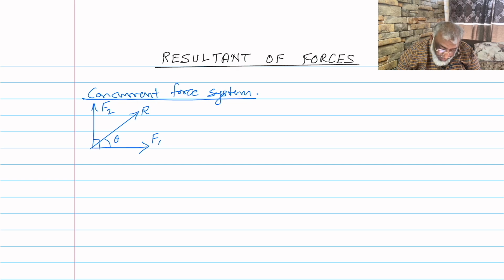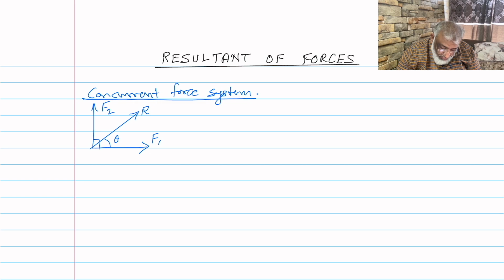These two are perpendicular to each other, and this is called the resolution of a force. And we must also know how to combine two perpendicular forces into its resultant. That means the reverse of what we just discussed here.